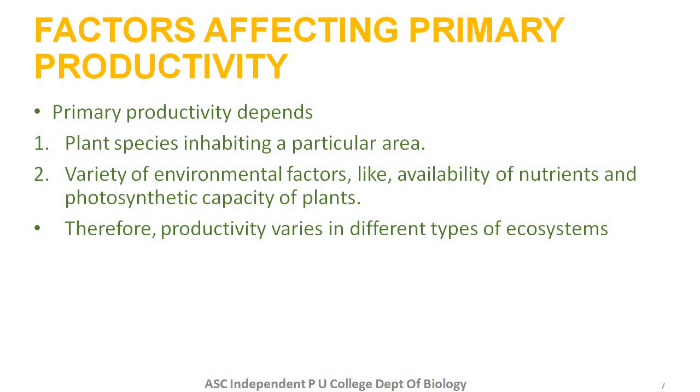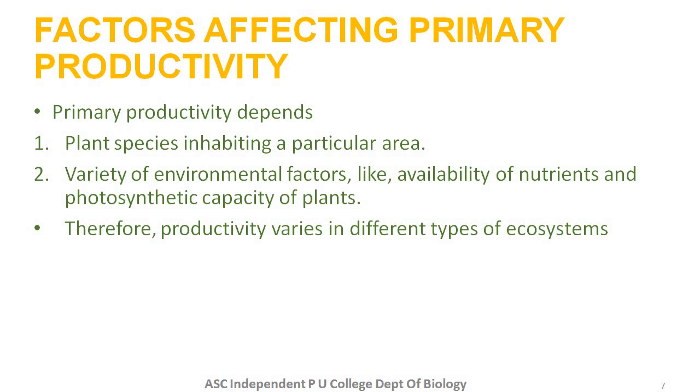It also depends on the photosynthetic capacity of plants. It's not necessary that all plants will carry out an equal amount of photosynthesis. The higher the green color in the plants, the more green the plants are, the more will be the process of photosynthesis. In first year you've learnt about photosynthesis, where you have variegated plants, where the amount of photosynthesis is comparatively lower.